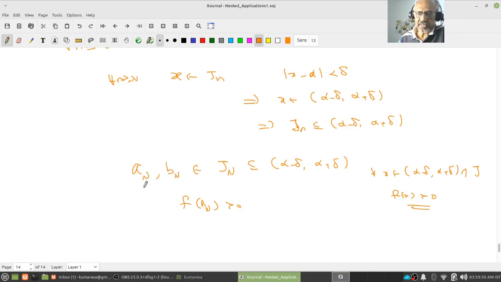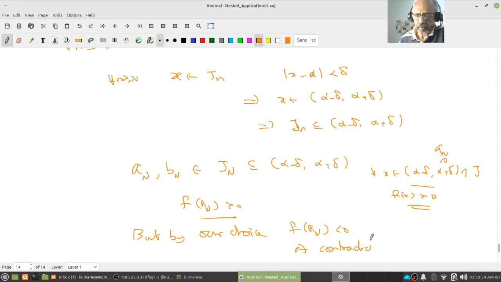But a N is an element of J N, and J N is a subset of this set, right? Therefore f of a N is positive, but by our choice f of a N is negative. This is a contradiction. Therefore what do I conclude? I conclude f of alpha greater than 0 cannot happen.